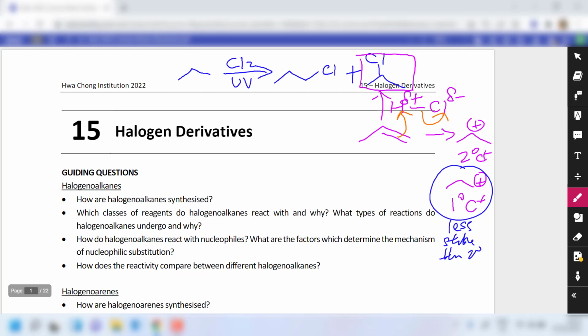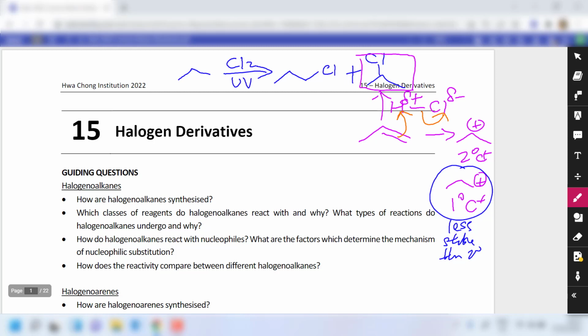Now we are moving on to the fourth topic, and you are going to be introduced to a new mechanism. You have probably heard about it from your seniors. It is known as nucleophilic substitution. Why is nucleophilic substitution important? Because we are able to transform the halogen derivative into many other possible functional groups by simply replacing the Cl.